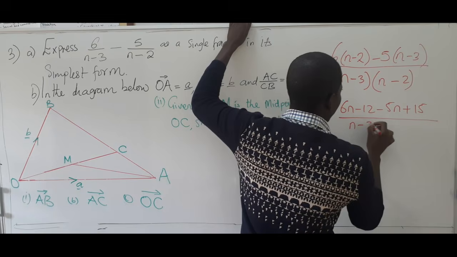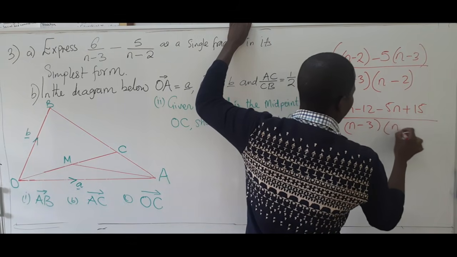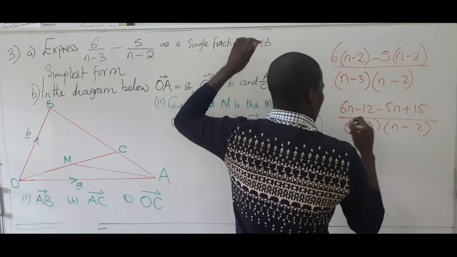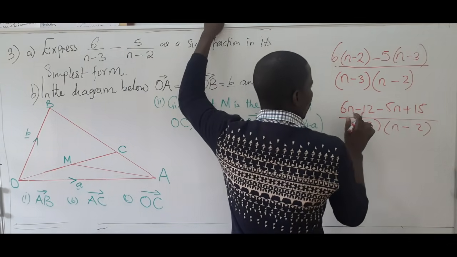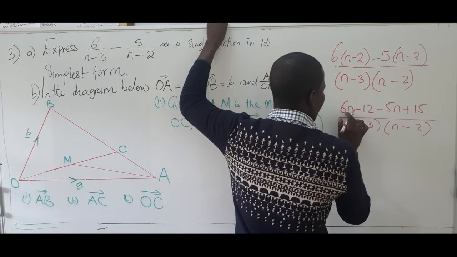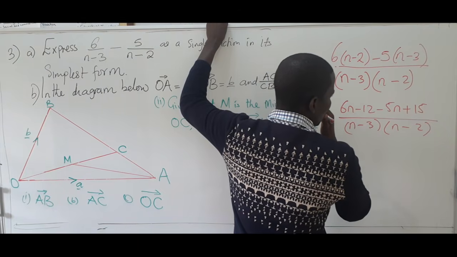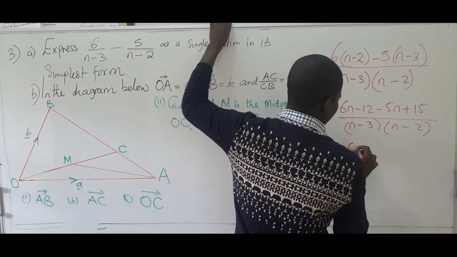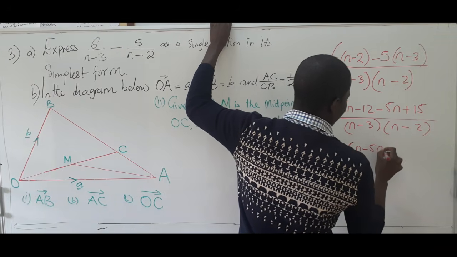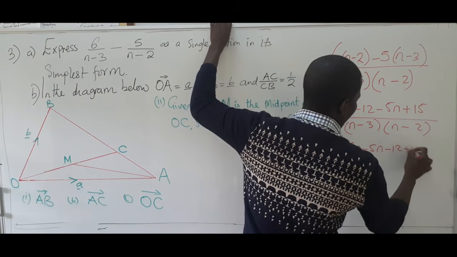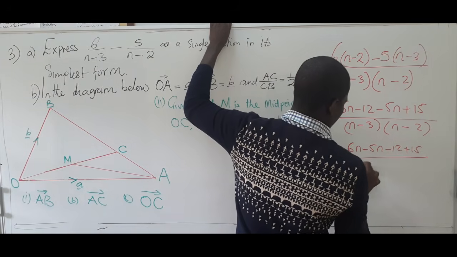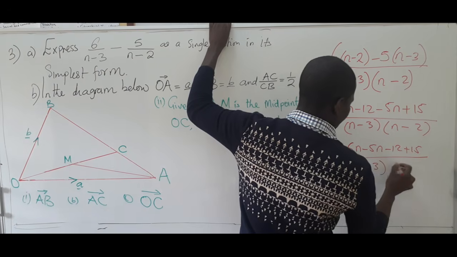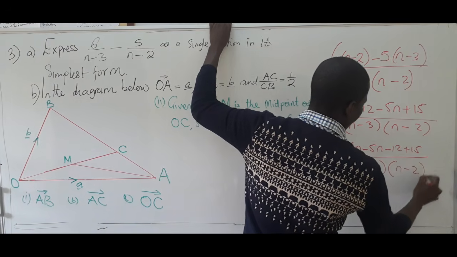Here we have n minus 3, here we have n minus 2. Collecting like terms, we have 6n minus 5n.